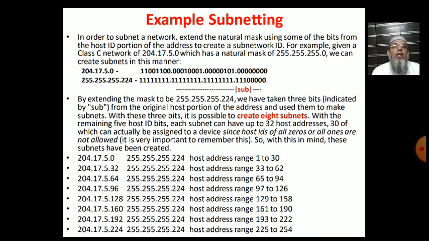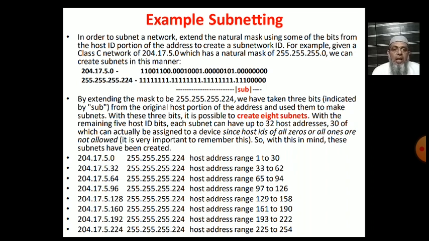The third subnet's network ID will be 204.17.5.64. Its host address range will be 65 to 126.